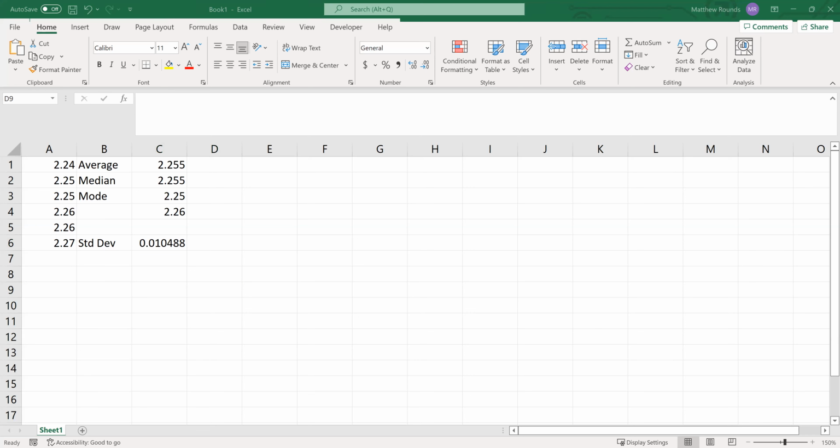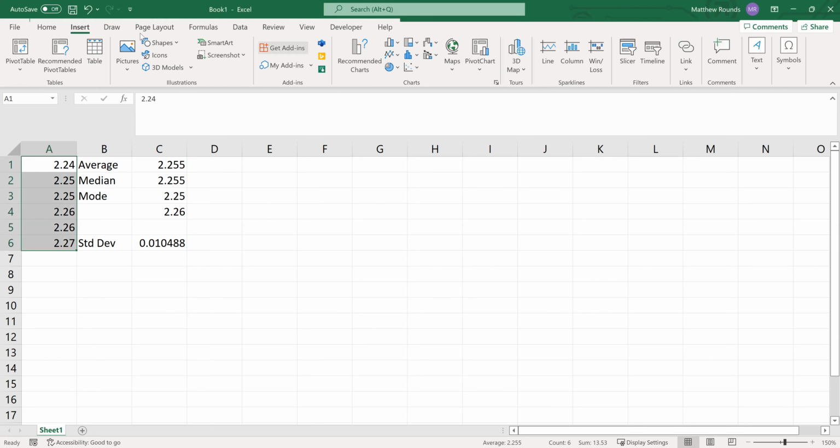So what I'm going to do here is I'm going to do a box plot of the data. I don't think Excel will do a box plot. Let me check here. Insert. Yeah, I don't think it'll do a box plot. Okay.